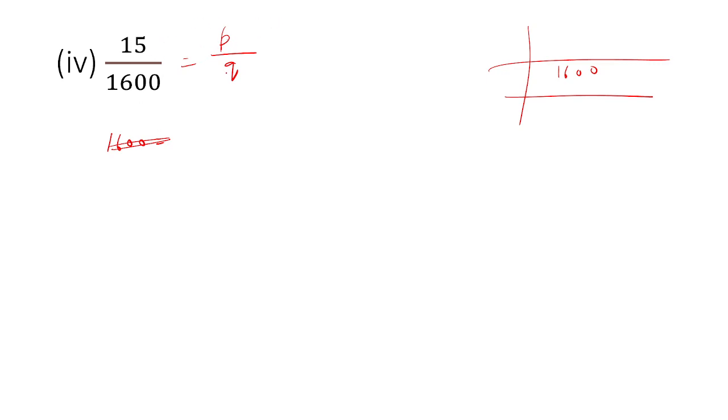Remember, p and q must be co-prime here. 15 and 1600 are not co-prime because the common factor between them is not just 1 alone, it's even 5. So 5 times 3 is 15, and 5 times 320 is 1600. After this it's not possible to simplify 3 and 320 further. So we have 3 by 320.